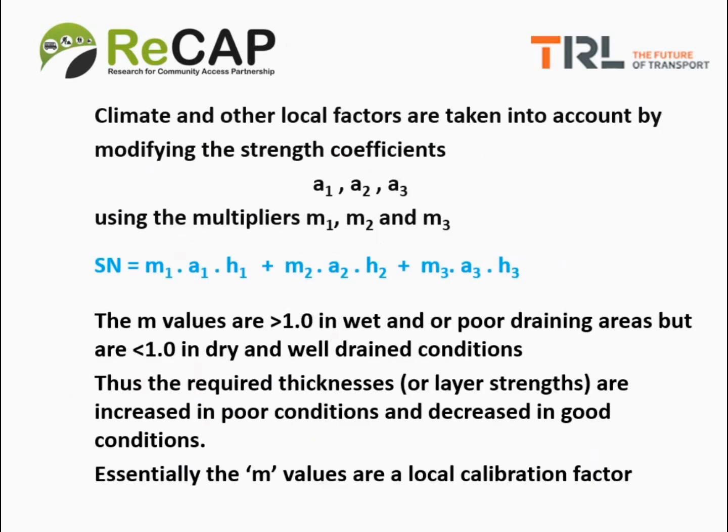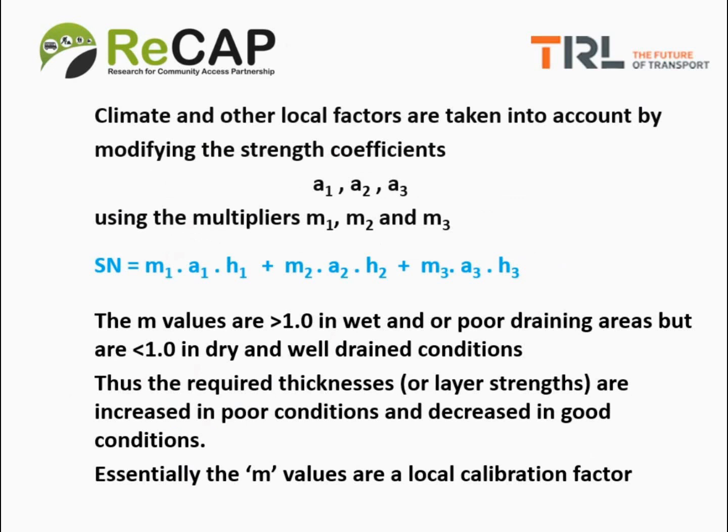And so the next slide shows you, well, sorry, we have another effect to take into account, and that's climate. I apologise for not mentioning that before. You remember from the lecture the other day that the climatic conditions are taken into account through these m multipliers that are used to multiply the strength coefficients.